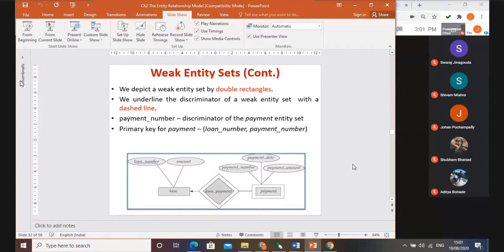The partial key of the weak entity set is also known as a discriminator, which is present with the weak entity set to distinguish some entities from the entity set. It is represented by a double rectangle. The relationship connected with the weak entity set is represented with a double diamond, and the weak entities always have total participation in the relationship set with the identifying entity set.